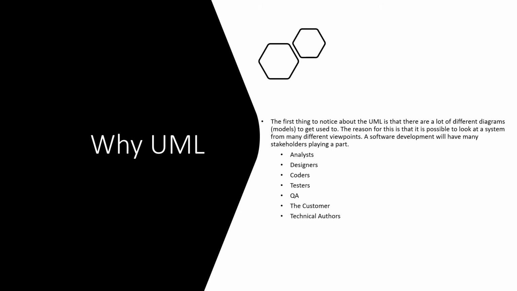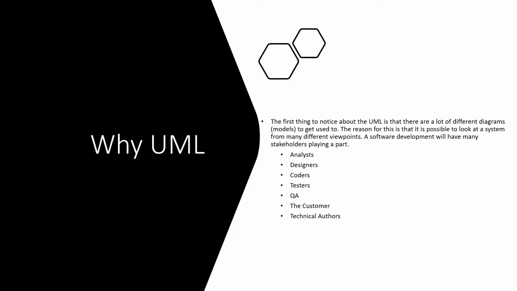So why do we use the UML language? I will say there are a lot of diagrams to model in the UML language. Why do we use different diagrams for only one system? The answer is very simple.